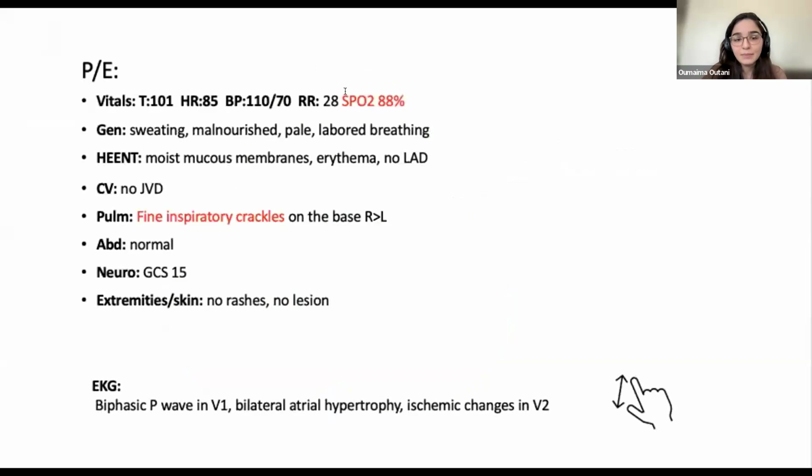Concerning the physical exam, the two main findings that we saw were the SpO2 of 88% and fine inspiratory crackles. The EKG also found biphasic P waves, bilateral atrial hypertrophy, and ischemic changes in V2. So the EKG does look alarming, but let's keep in mind that he also has CAD. We don't have a baseline EKG, and we don't know when these changes happened.